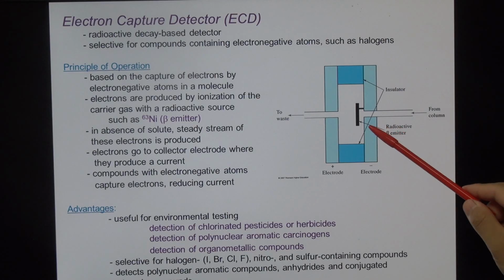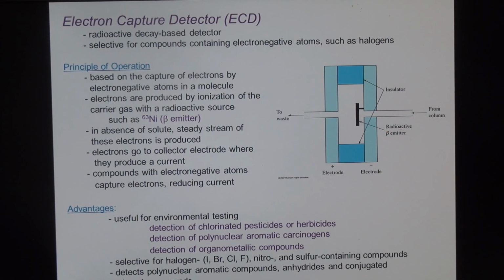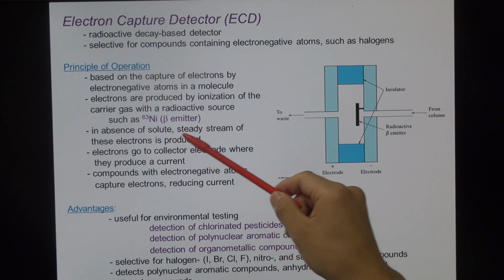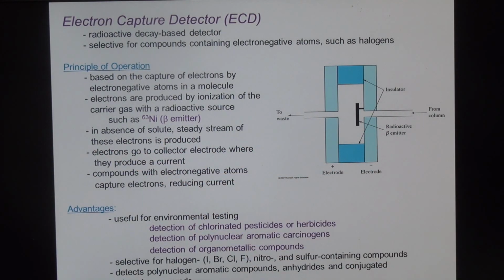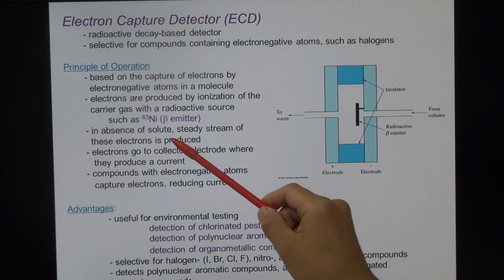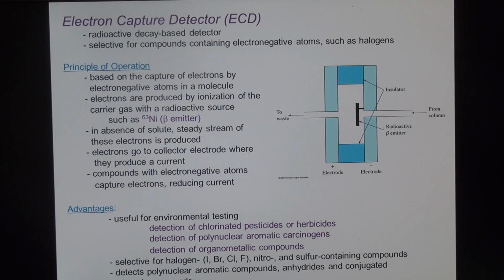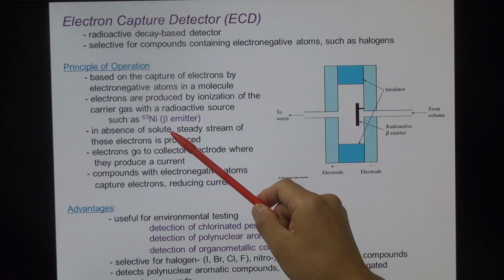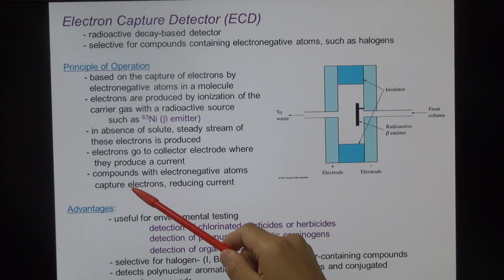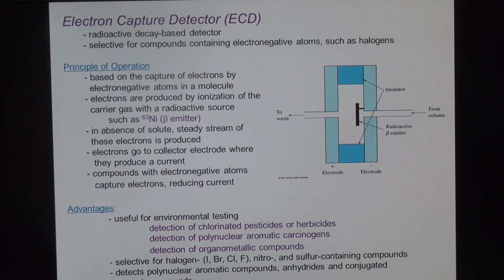Since they make a lot of electrons, we basically have a steady stream of electrons. Okay, and we can measure a relatively constant current. Okay, but if there is solute, then certain atoms inside of the solute capture electrons and reduce the current. And by measuring the degree of reduction of current, we can detect the presence of a certain compound.